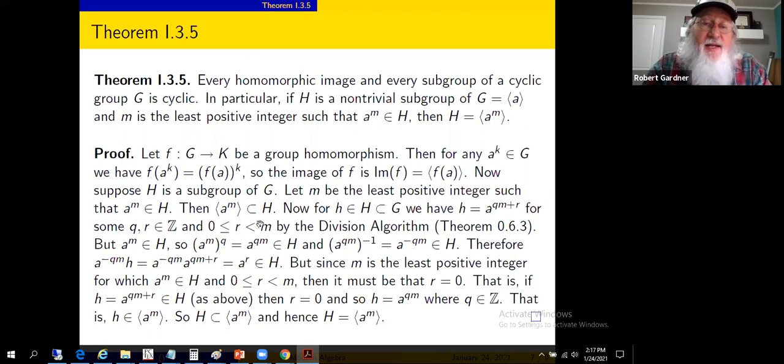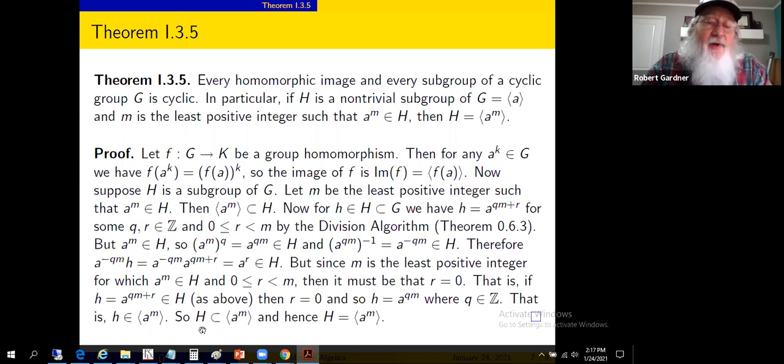We're trying to reverse this set inclusion. We chose an arbitrary element h of capital H and showed it is an element of the group generated by A to the M. That is, subgroup capital H is a subset of the group generated by A to the M.